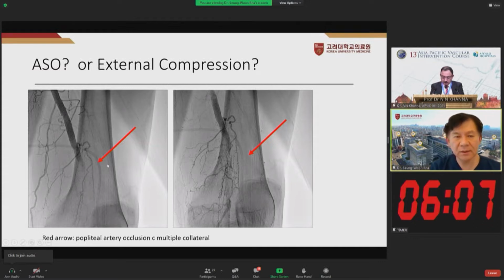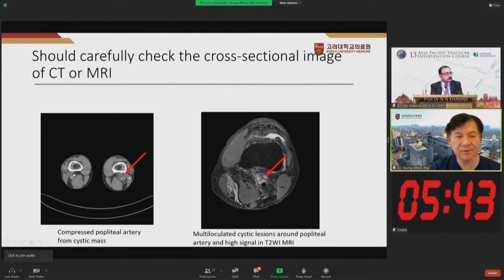When we consider this kind of profuse adjacent collateral to the distal circulation, patients are not coming with a wound. Many are coming with claudication. In this case, we have to think this must be a chronic process, and should look at the cross-sectional image from both CT angiography or MRI, and carefully check whether there is external compression or not.